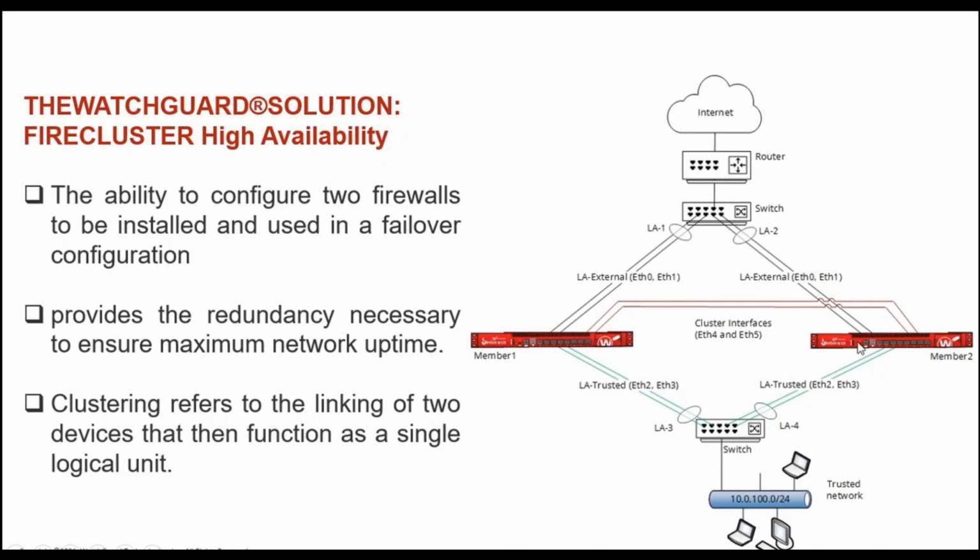You have two firewalls with connectivity between them to do the clustering and cluster synchronization. If it's active passive, you can make use of link aggregation going to the external interface, and anything that member one is connected to for the external and the internal also has to be replicated, connected to the second member that we have in here.